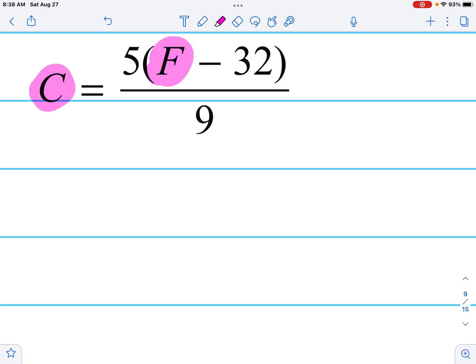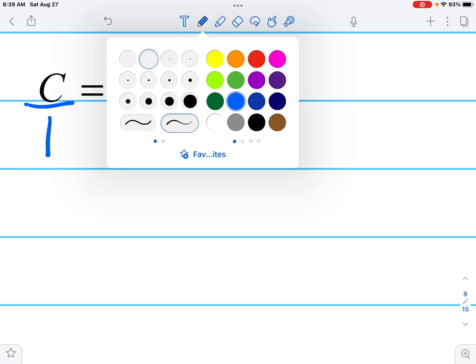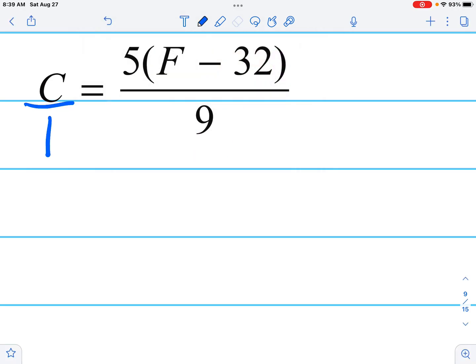Remember that. Okay? So how do we do that? Not forgetting the C is sitting atop, on top of 1. So I would be inclined to cross multiply.